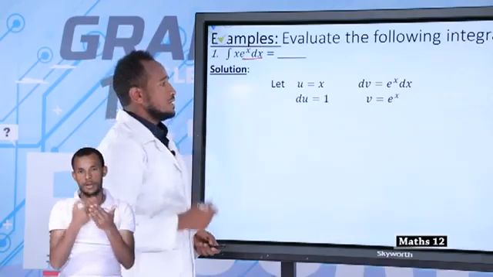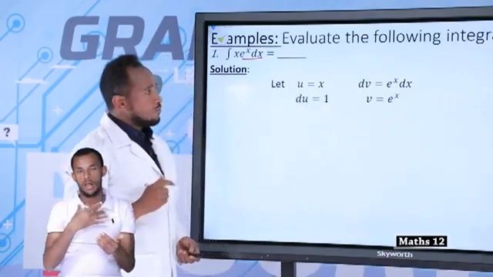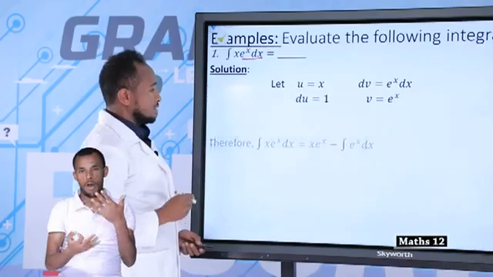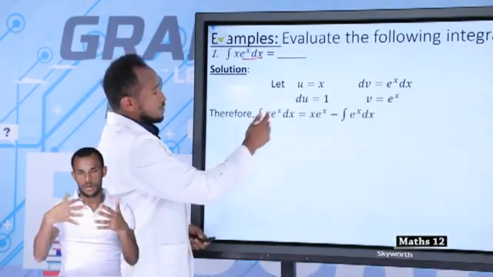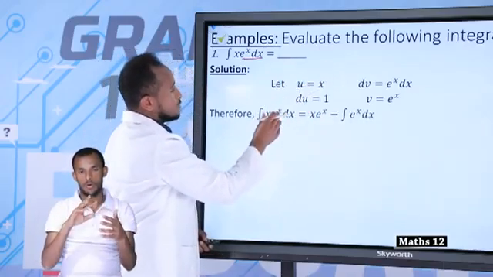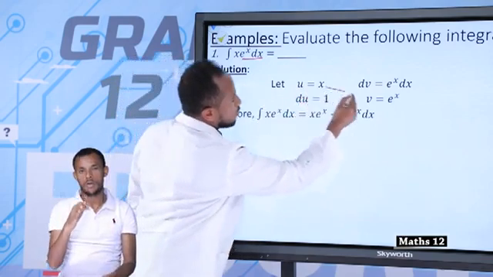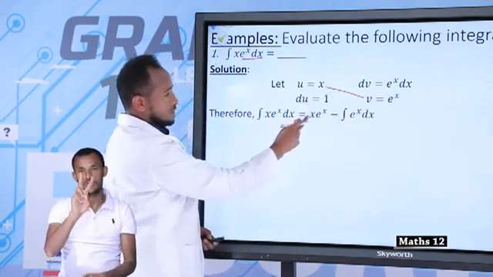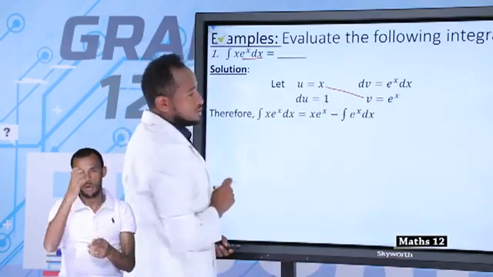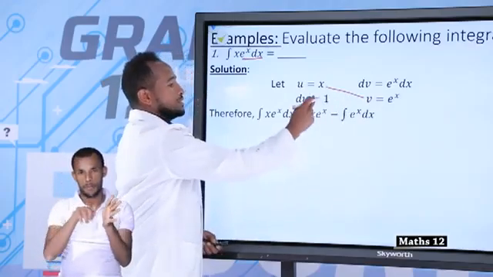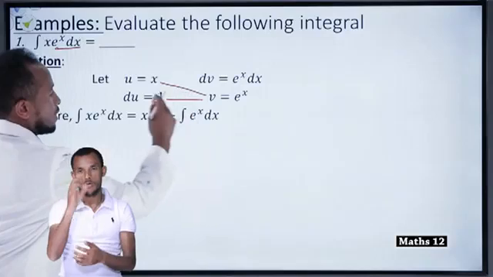After this, simply plug these values into the formula. The integration of this function, a product of these two, is thus x times e raised to x, minus the integral of the product of the two.